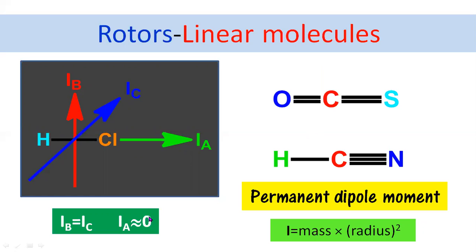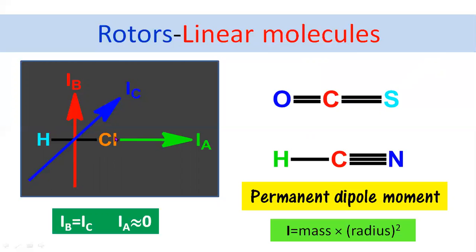Although it is not exactly zero, as an approximation, we can take it as zero. For the other two directions, the moment of inertia is the same, because if you rotate along the IB direction, the moment of inertia you will calculate has the same value: you have to take the distance from here, square it, and multiply with the mass of the chlorine. Similarly, you have to do it for hydrogen.